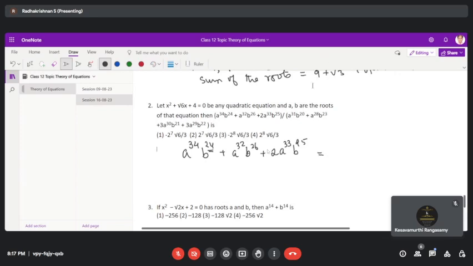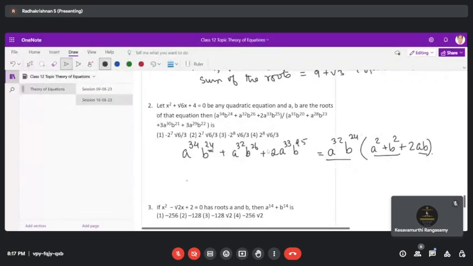Okay, so here we can take out a to the power of 32, b to the power of 24, and write it as a square plus b square plus 2ab. Now you have got it in terms of ab, a square plus b square, which we can easily get. So this is also a plus b the whole square.